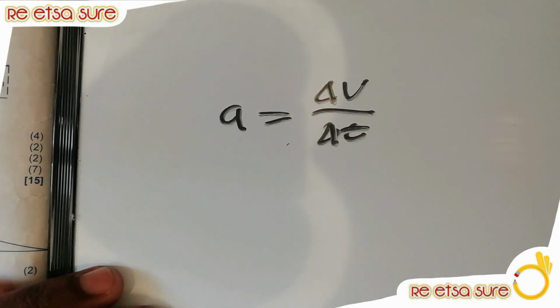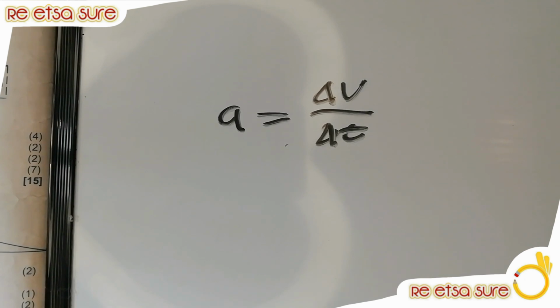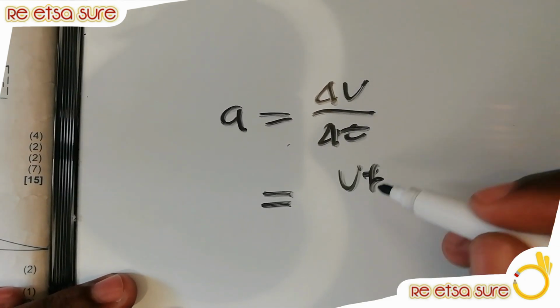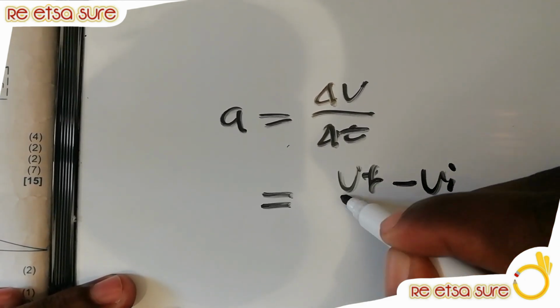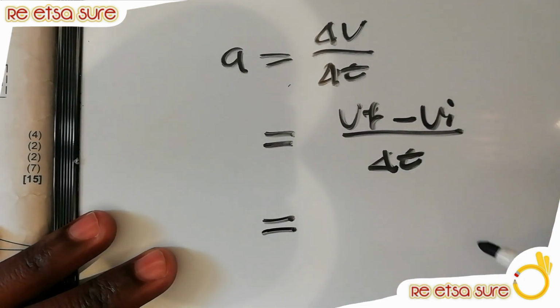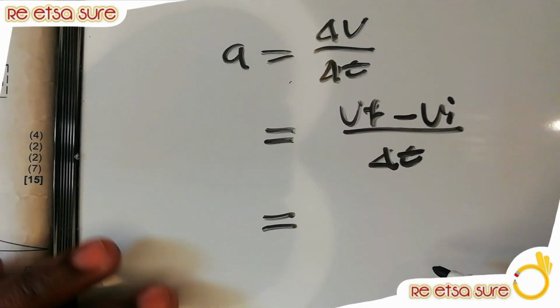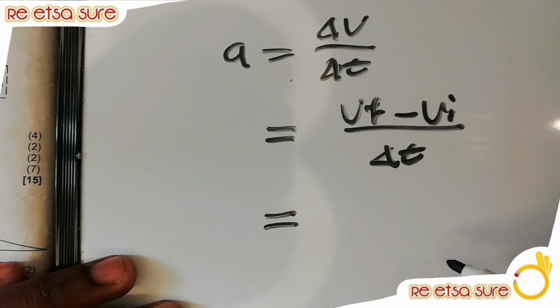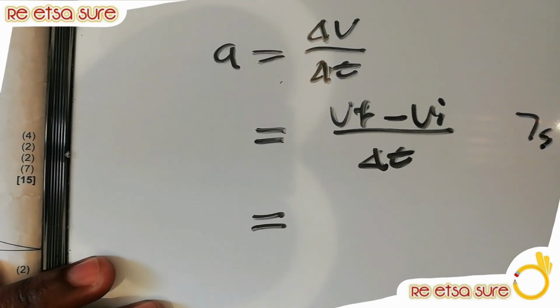So when our object is moving at a constant velocity, change in velocity is v final minus v initial, divided by delta t. For this instance, let's say we want to see how our object accelerates in 7 seconds.